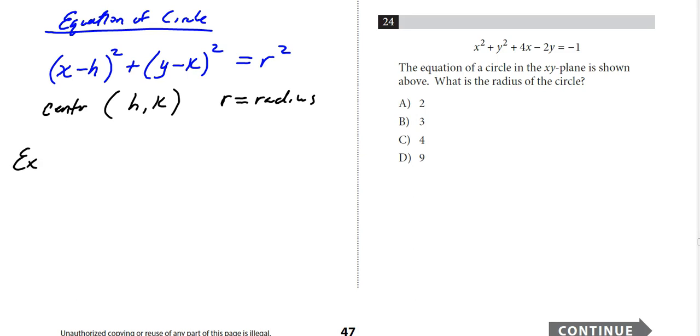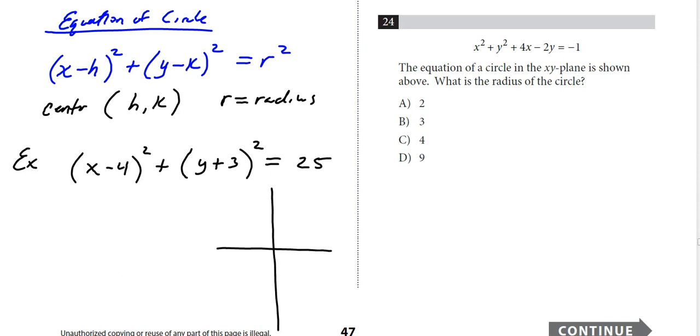So let me give you an example. This has nothing to do with the problem, I'm just setting up an example. Let's say we saw something that said (x minus 4) squared plus (y plus 3) squared equals 25. I could tell you quite a bit about this circle. 4 must be the x-coordinate for the center. And over here it's a little tricky because you see it's plus 3.